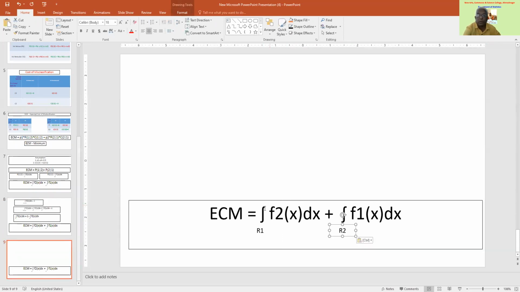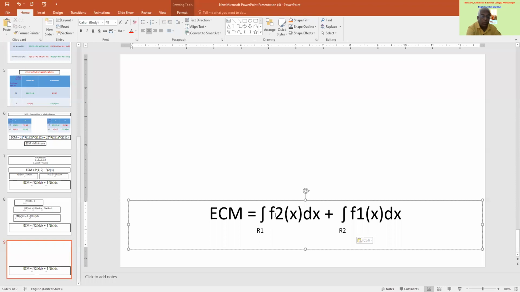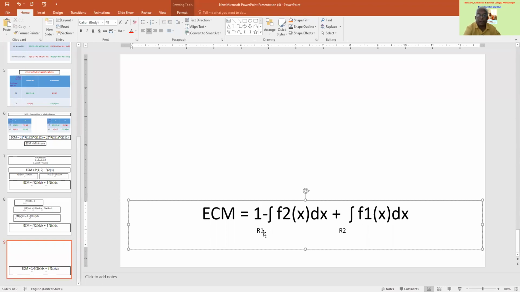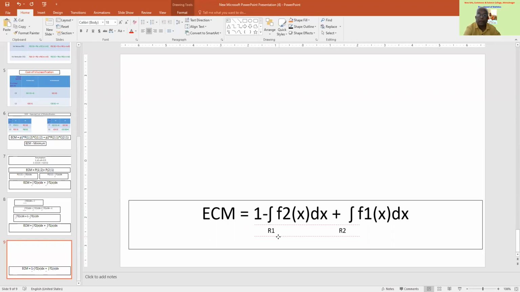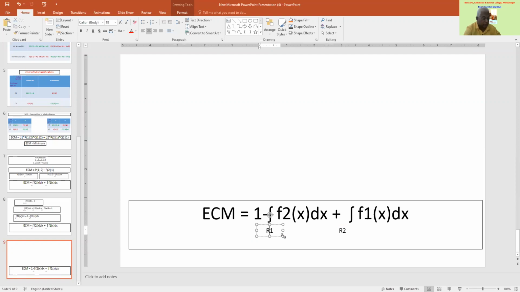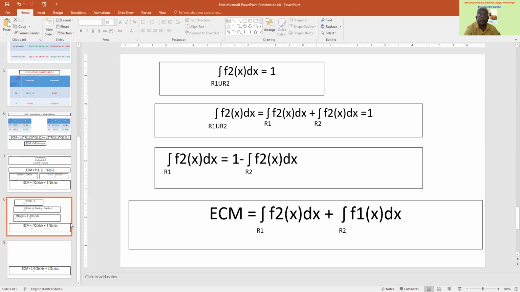And we know that this we are going to replace by 1 minus this. See, this is the replacement.